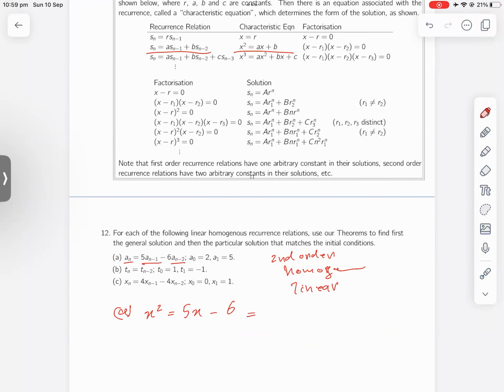From here, I can decompose this by finding two numbers whose multiplication is positive 6 and whose addition is minus 5.